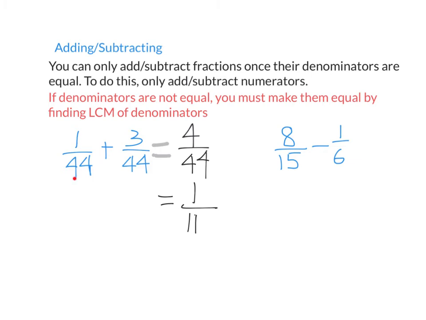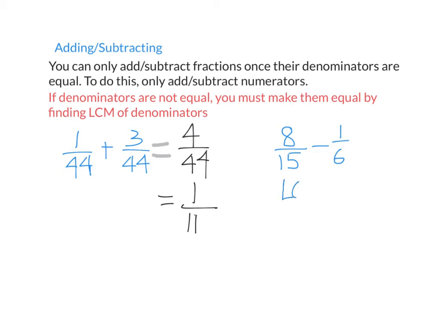So that's all well and good when the denominators are the same, but what about here where they have a different denominator? So what we have to do is make their denominators equal. We need to find the lowest common multiple, that's what LCM stands for, of the denominators. I need to find the lowest common multiple of 15 and 6.